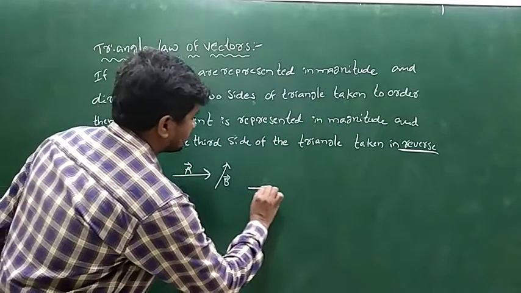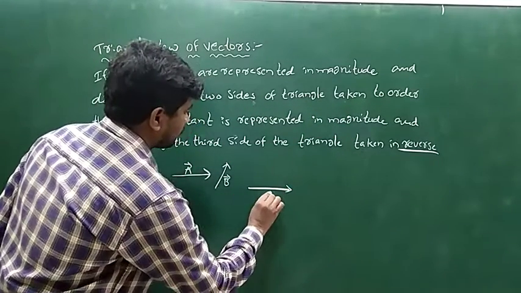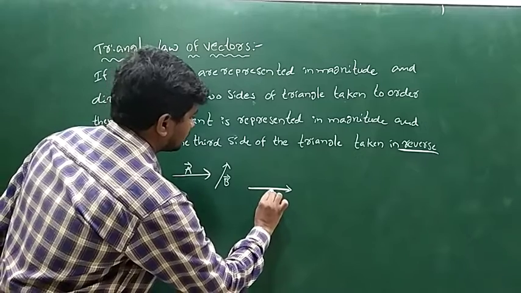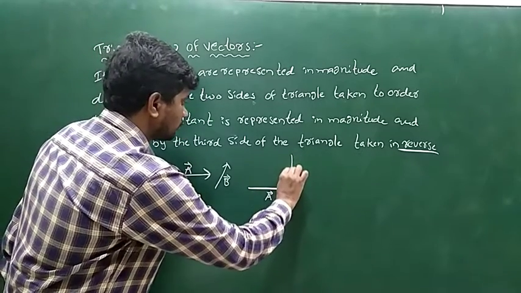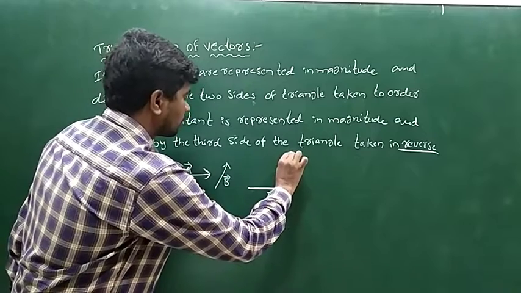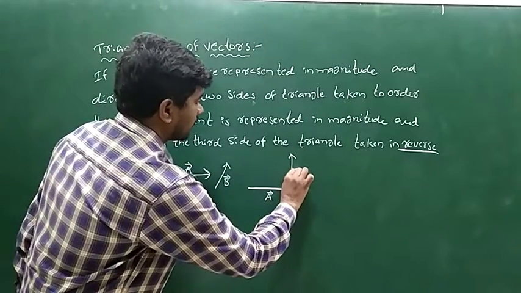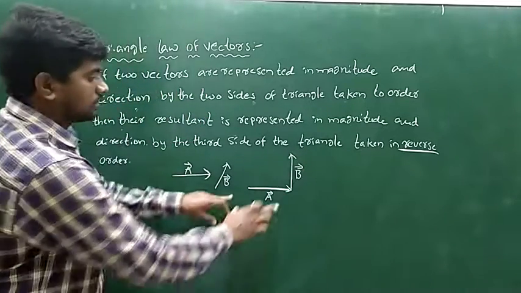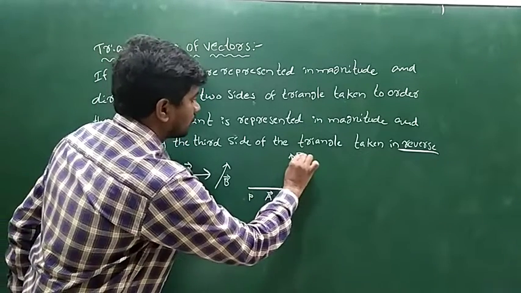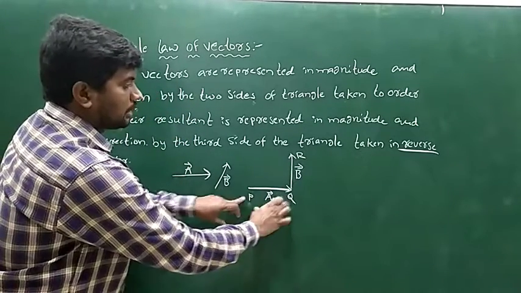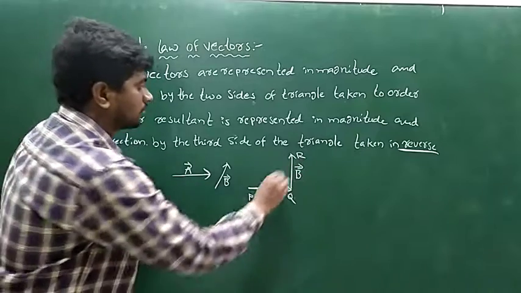For example, this is the A bar, the side of the A bar vector, and the other side is the B vector. The two sides are P, Q, R. The first side is PQ, the other side is QR.